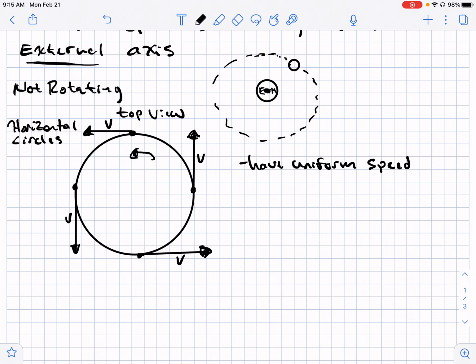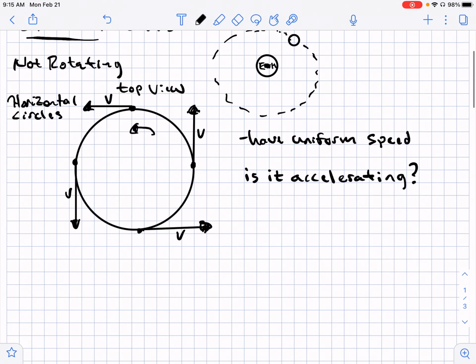Now, the next question we'll ask ourselves is: is this object accelerating? When we look at the constant, uniform speed, initially you might say no, because it's moving with a constant velocity. But if you look at your velocity vectors, the direction is constantly changing.